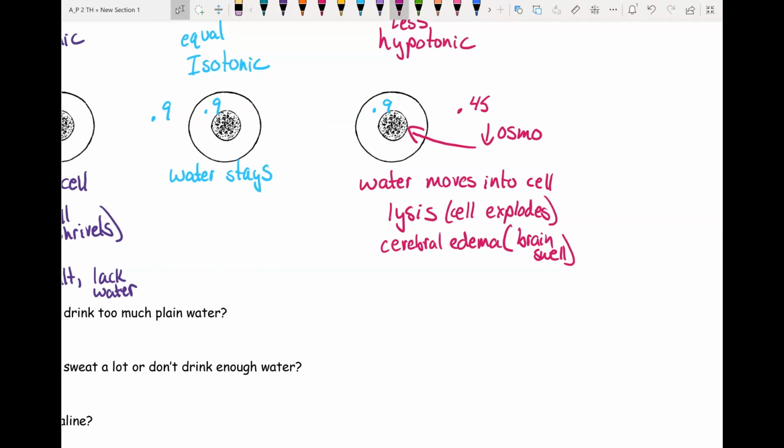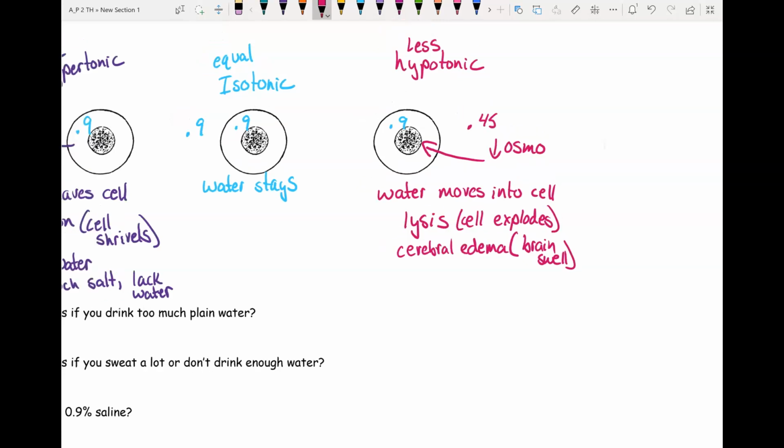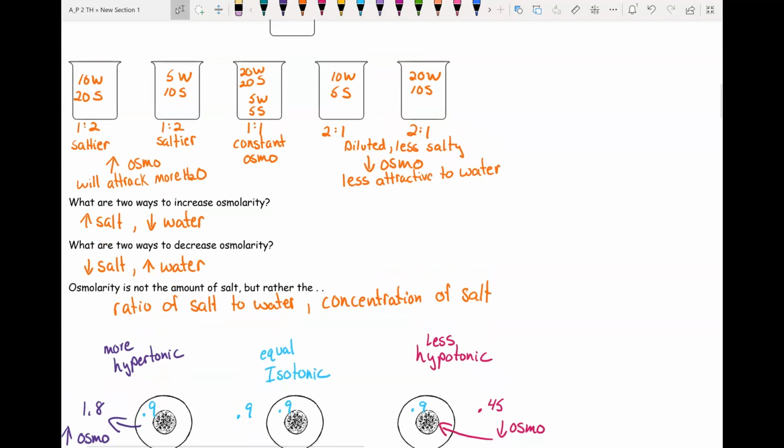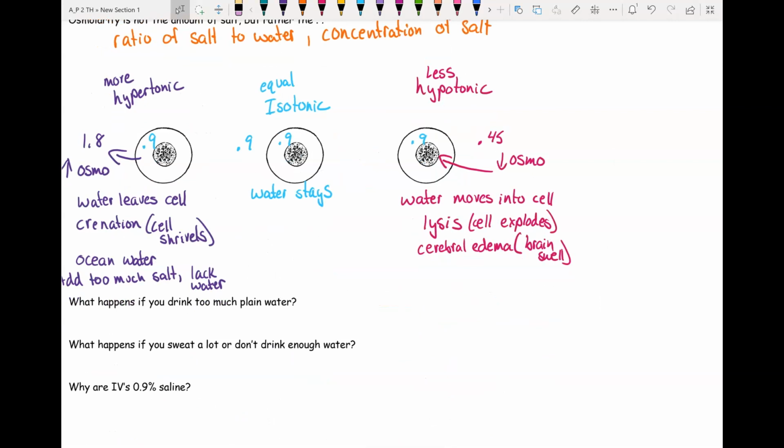And with the hypotonic, that would be the beakers over here on the right, where you are diluting it by either adding too much water or you're not adding enough salt. So this would be like, for example, if you drink too much water.